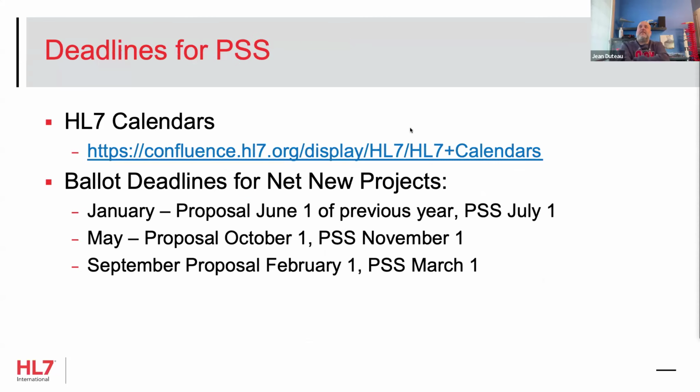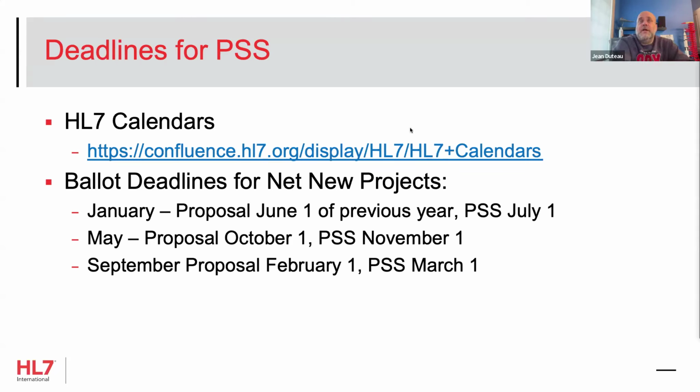The deadlines for the PSS relate to when you are planning to ballot. And it used to be complicated. We had some rules around the 1 week after, the month before. It was complicated. Now it's fairly simple. So the PSS needs to get to the TSC by the dates listed, and the proposal needs to have been submitted by the dates listed for whichever ballot you want to get to.